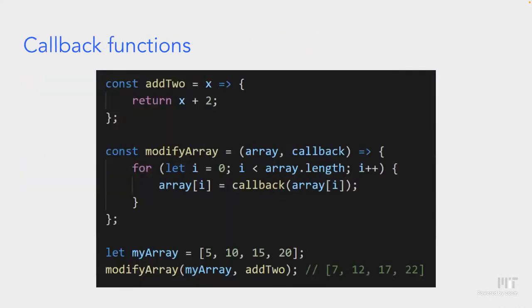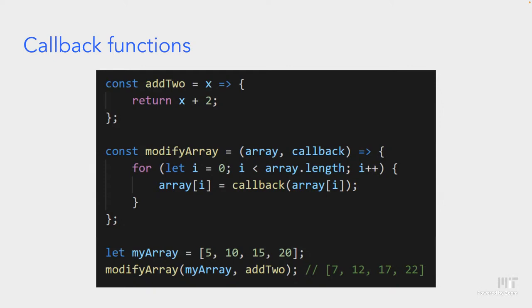And just to add more detail, the reason why we use callback functions is sometimes we want to reuse some parts of a function, but we also have a bunch of variants that we want to use. So let's say we want to modify the array by adding 2, or we want to add 4, or we want to multiply.